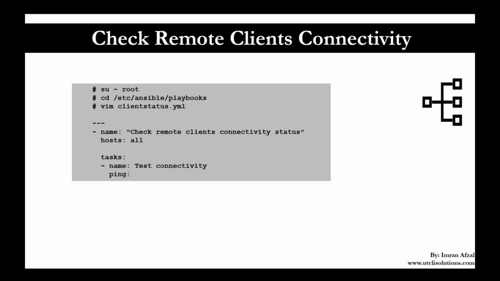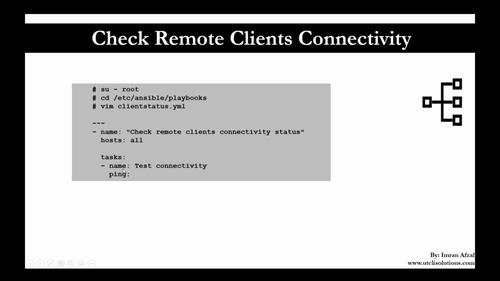And here is the list of things that we will write down inside of our client status YAML file. If you notice, this looks very similar to the playbook we created when we wanted to check the connectivity of our local host. The only difference that you probably notice is right here: the hosts is all, which indicates that all the hosts inside of the /etc/ansible/hosts file should be part of this playbook, or this playbook should be executed on all of those remote clients.